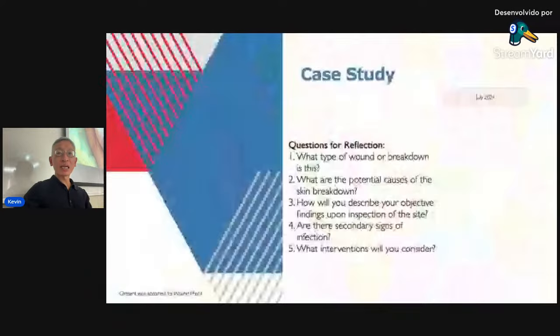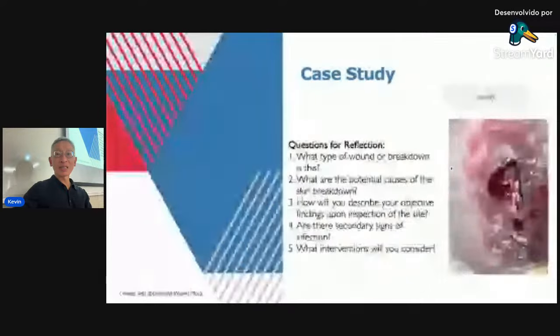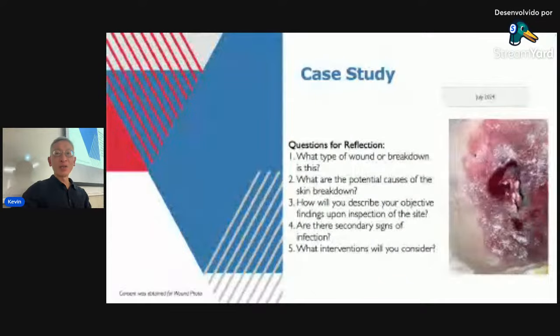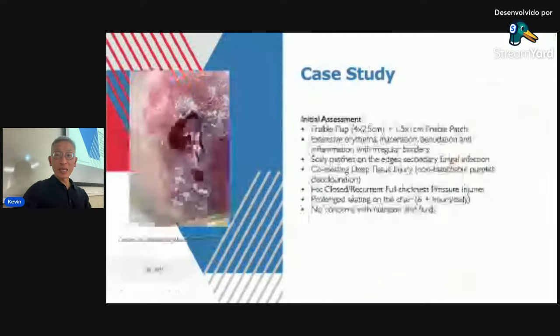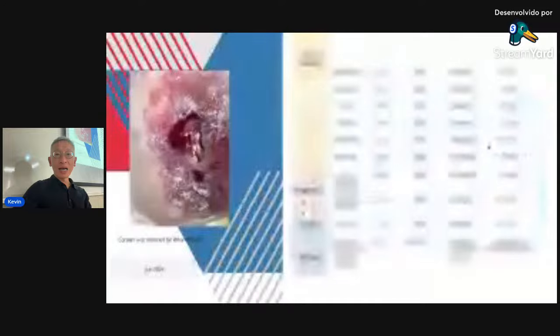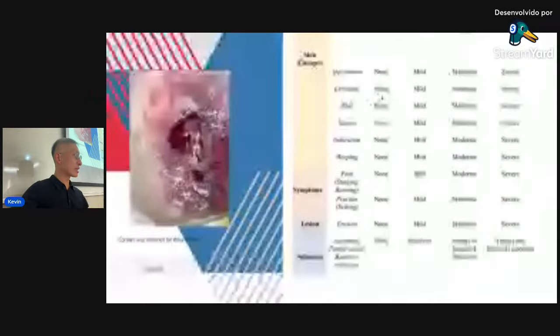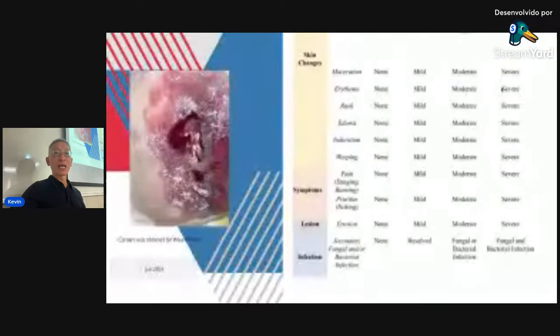So you can see that, for example, in this wound, in this MASD problem, you can actually rate the skin using the tool like this. And I think we can see a little bit of maceration, even though it's covered by some zinc oxide, and a severe level of erythema.